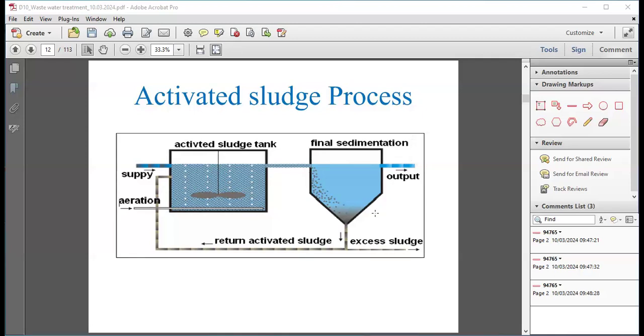That means precipitated particles form in the activated sludge tank. Apply aeration, return activated sludge, excess sludge output.